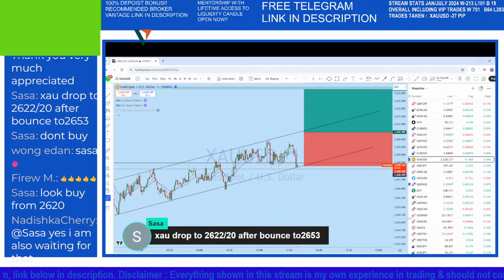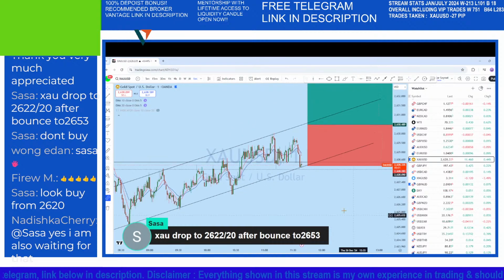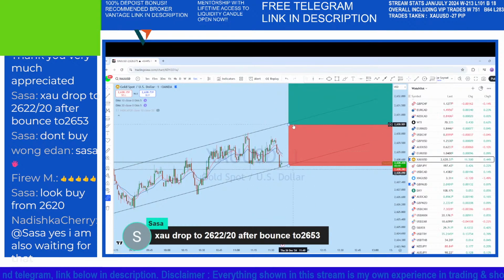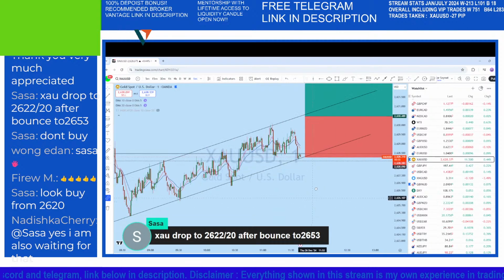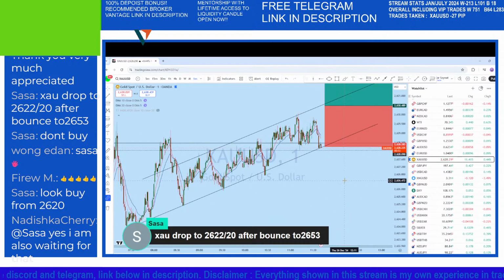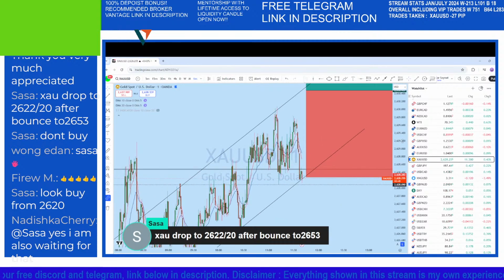And with that channel, what we can expect is for the price to grab liquidity and then bounce back up in that direction.